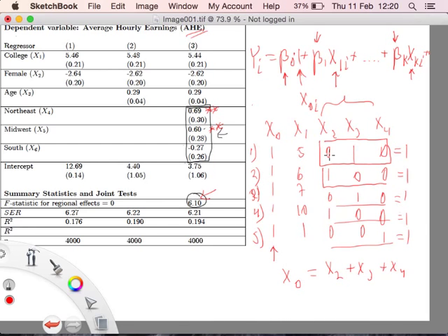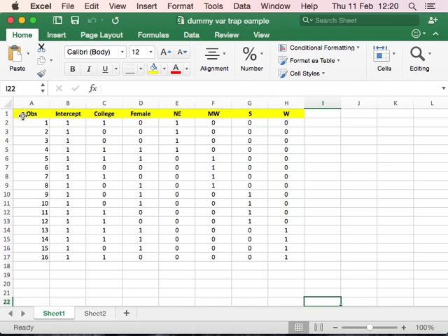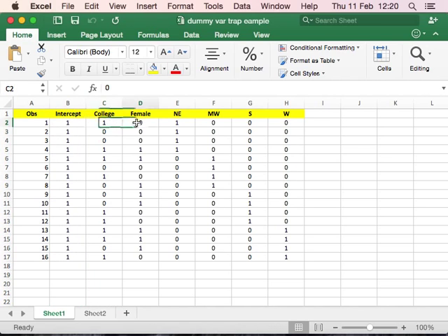Ah, by the way, let me do this. I have a better example. Let's look at this. It takes time though. So we have person number 1, forget about intercept for now, has a college degree, is female or male, because 0, is from northeast, not from northwest, not from south, not from west.